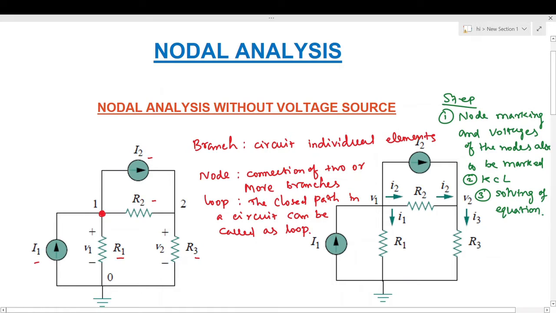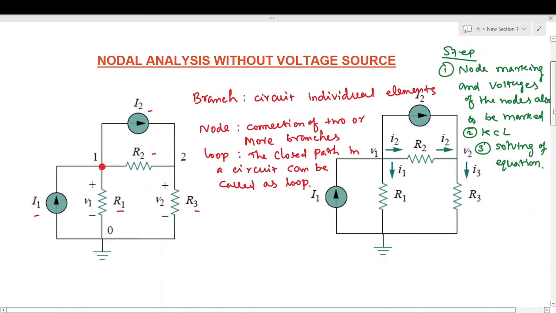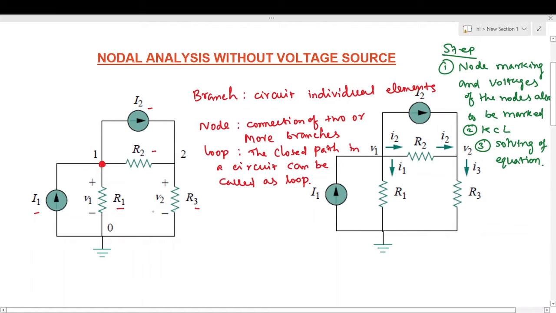Okay. Now first we will apply the first step, node marking. Generally in circuit analysis we mark the ground as the reference node. The nodes are of two types: one is reference node and the other is non-reference node. The reference node will be the ground one.